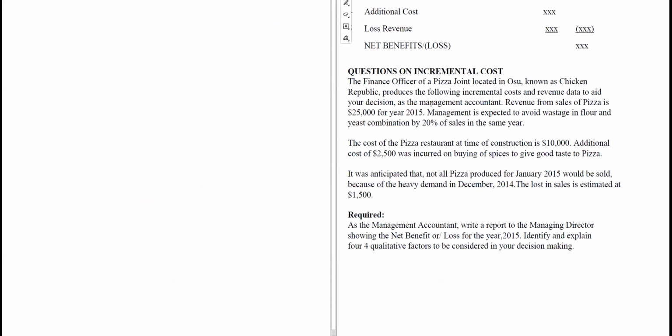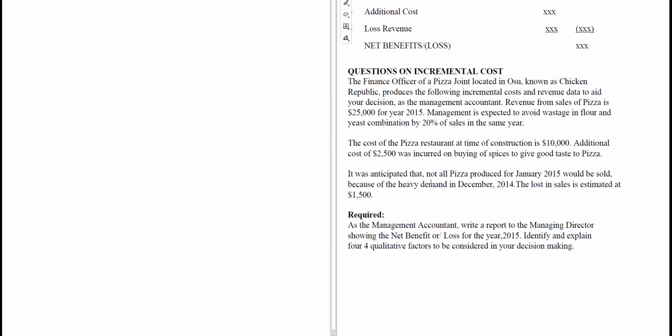As the management accountant, revenue from sales of pizza is 25,000 for the year 2015. The management is expected to avoid wastage in flour and yeast combination by 20% of sales in the same year. The cost of the pizza restaurant at the time of construction is $10,000. An additional cost of $2,500 was incurred on buying spices to give good taste to pizza.